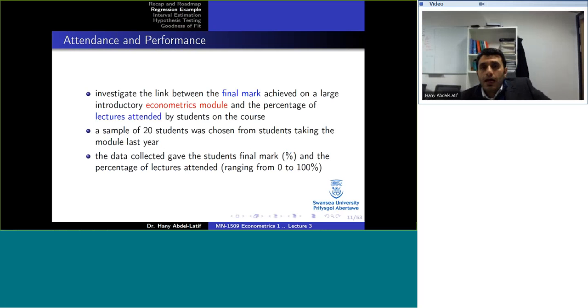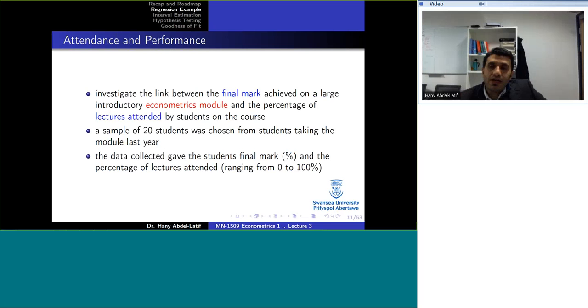So let's go to a very simple example. We believe there's a relationship between the final mark achieved in an econometrics module, like the one we have now, and the percentage of lectures attended by students.